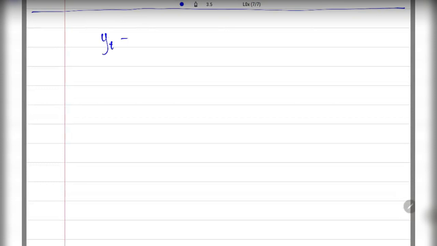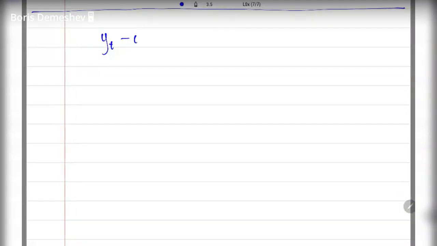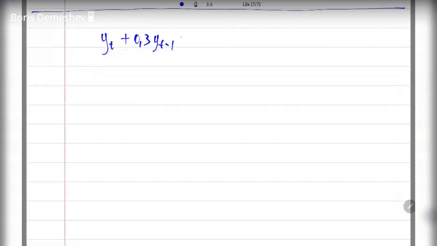y_t minus 0.3 y_{t-1} plus 0.28 y_{t-2} is equal to u_t plus 7 u_{t-1}.